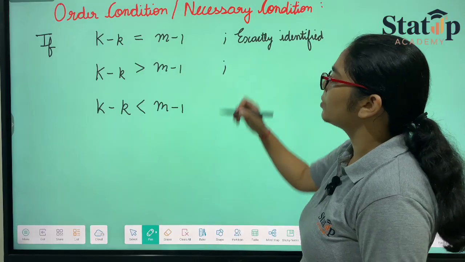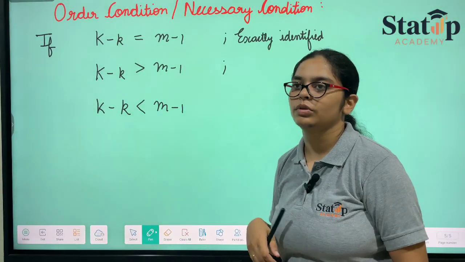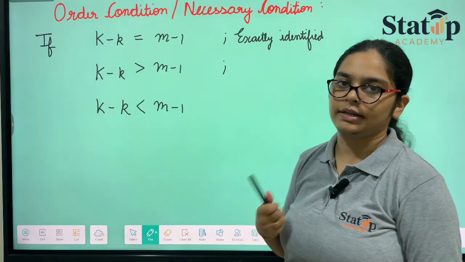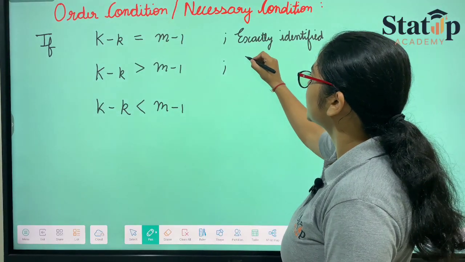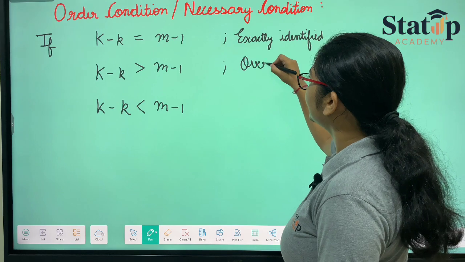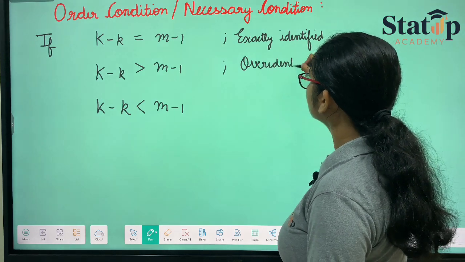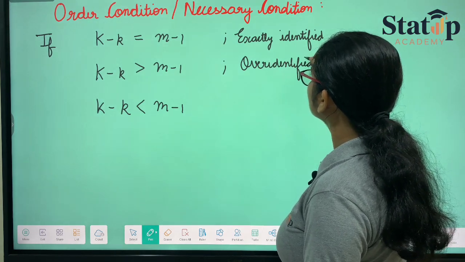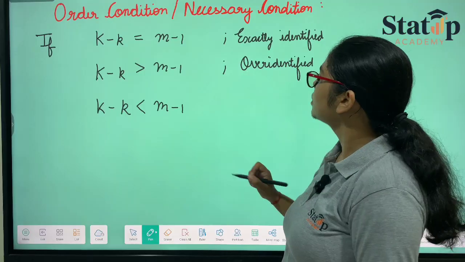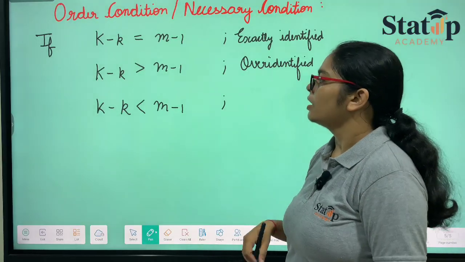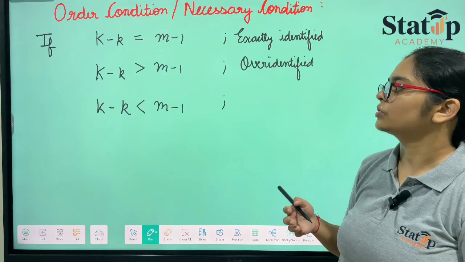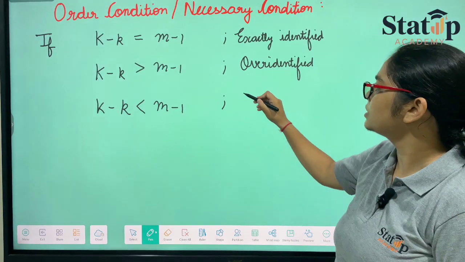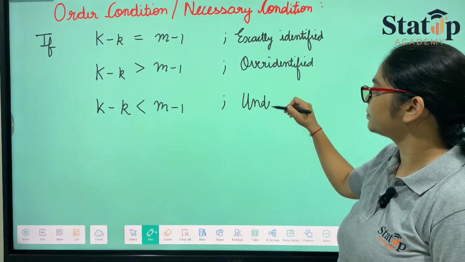If the number of excluded exogenous variables is greater than that, then we can say our model is over identified. And if it is less, then it is under identified.